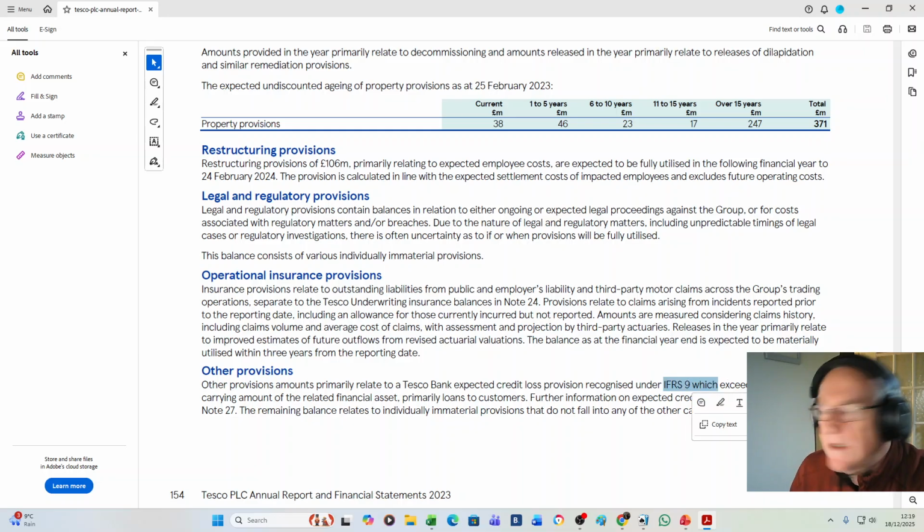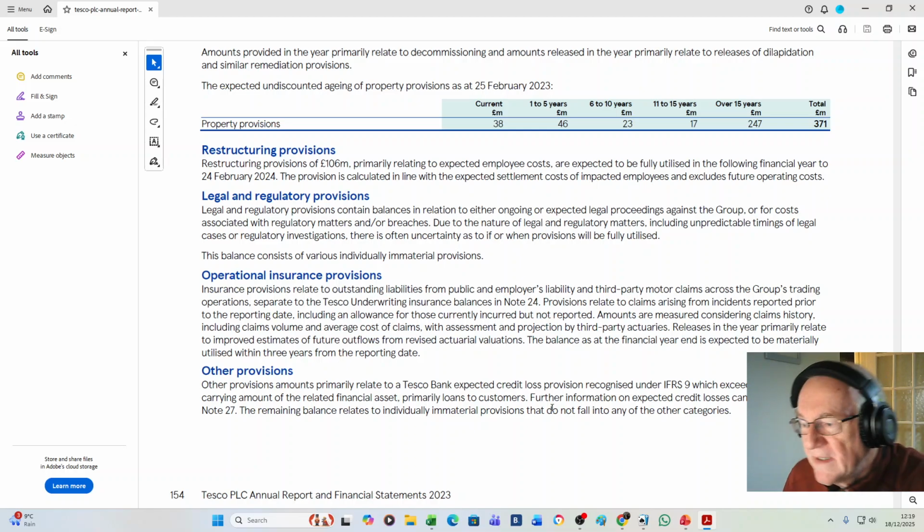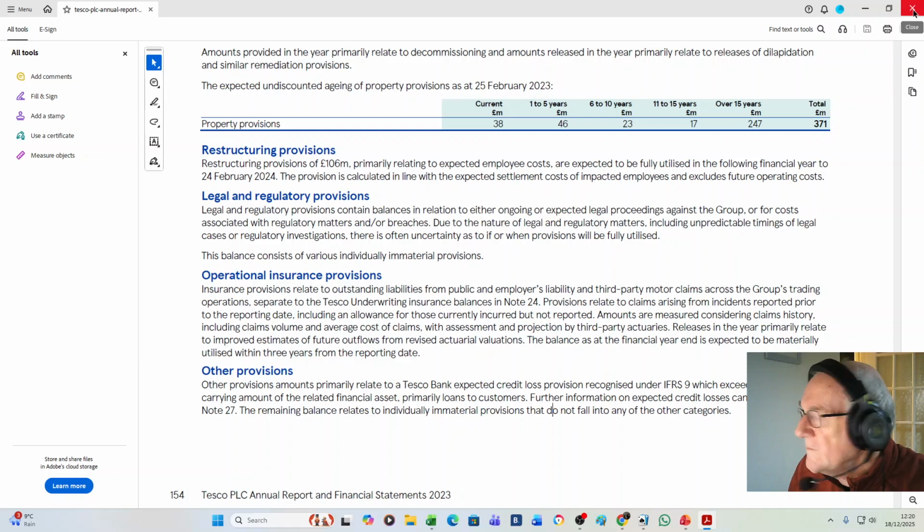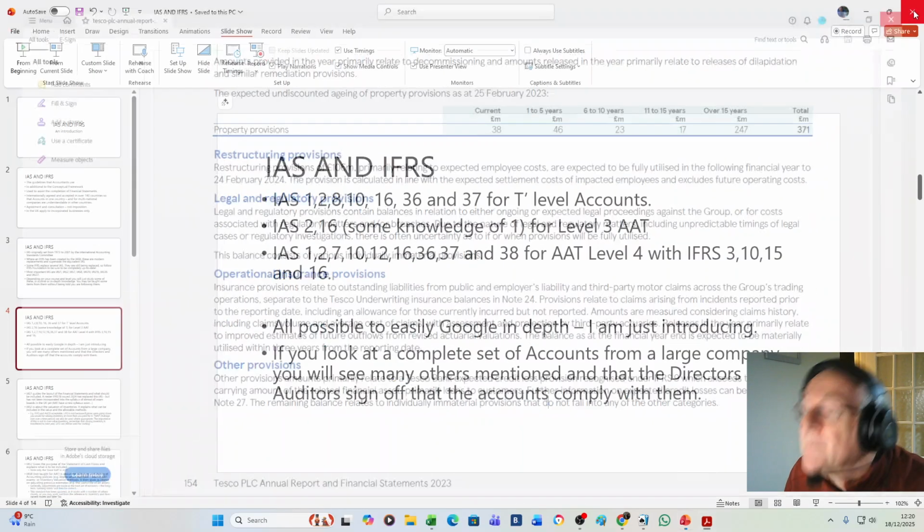This is about financial investments and liabilities, because it's talking about Tesco Bank to start off with the other provisions, money owed to customers or credit losses or anything of that nature. And that replaced IAS 39 a few years ago. So lots of others that are around. If you're on level 3 or level 4 courses, you still only are dipping your toe in the water.